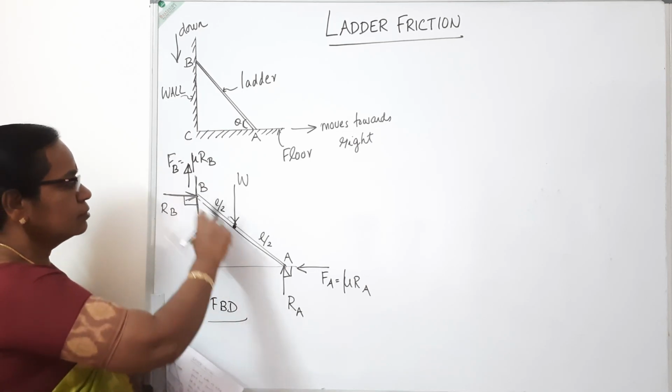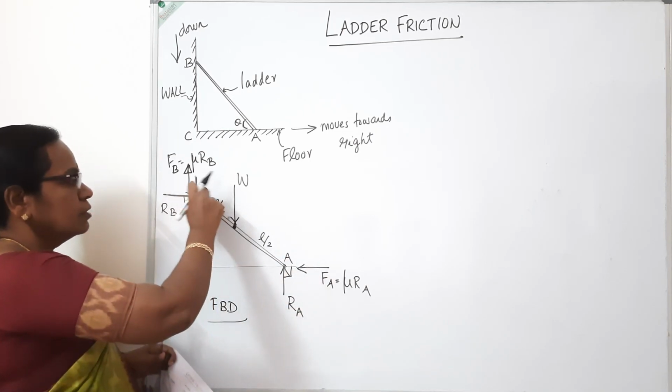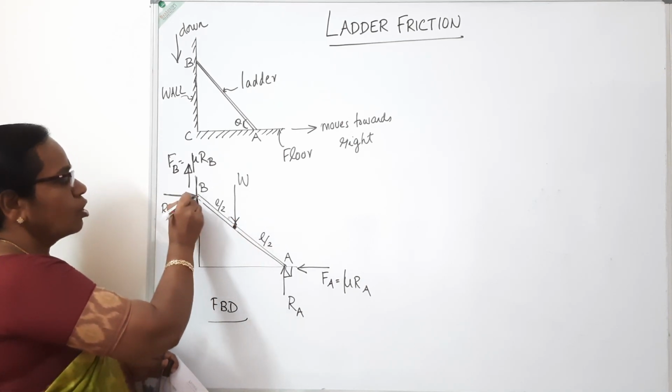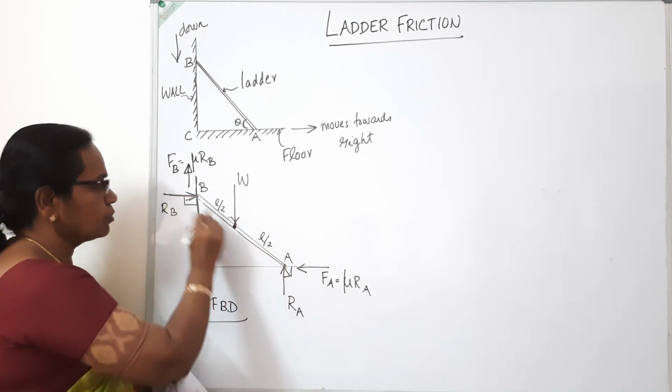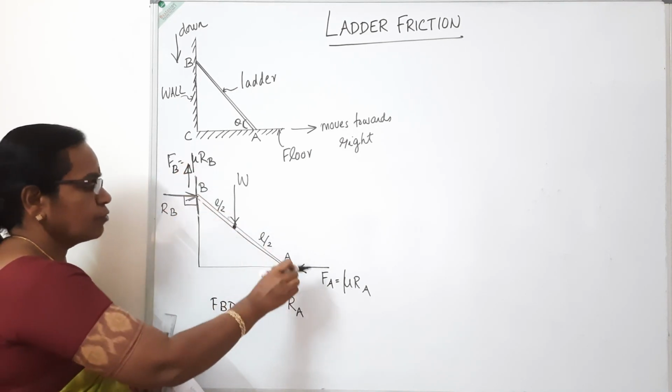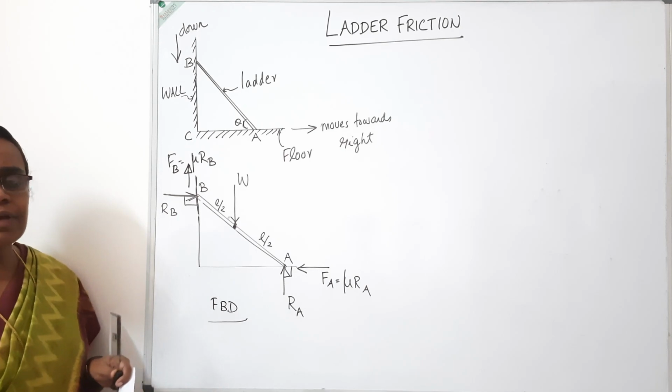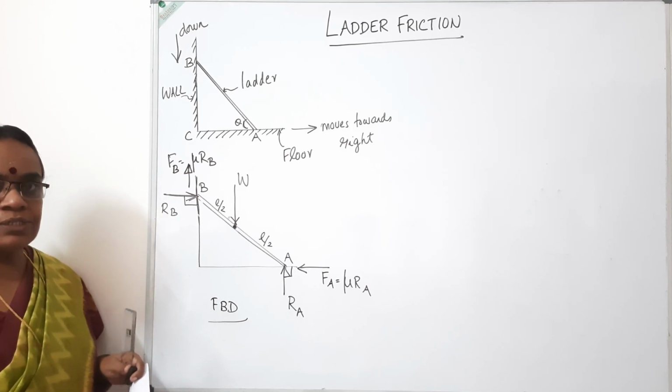You mark the ladder, mark the contact surfaces, self-weight acting at its center, normal reaction at the contact surfaces perpendicular to the surface, and the frictional force. Frictional force here towards right, frictional force towards up. Then we have to make use of the equations.